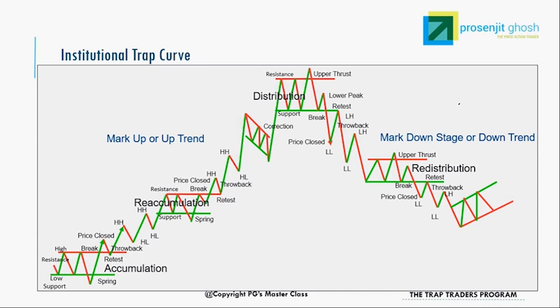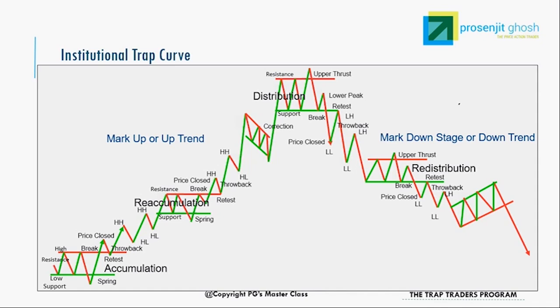Now this time it created a false trend. This time it is an ascending channel, right? This is an ascending channel, and we know ascending channels are bearish, right? So what happens next? Price moves up and breaks down.